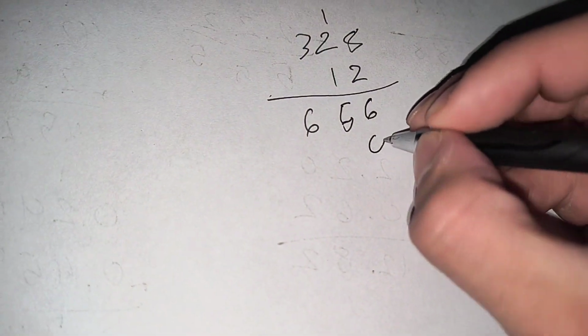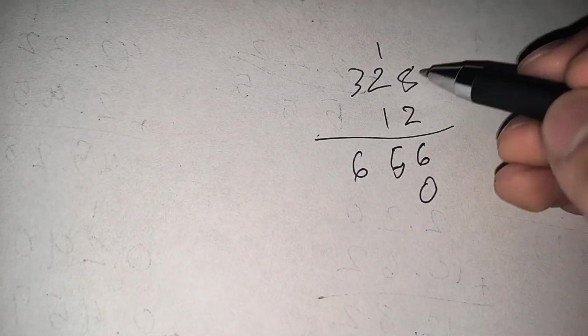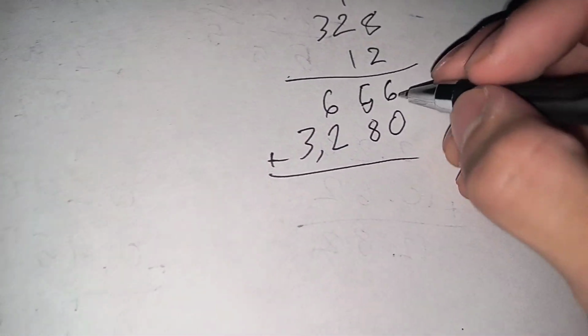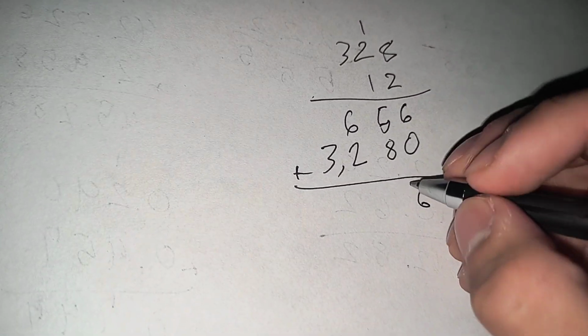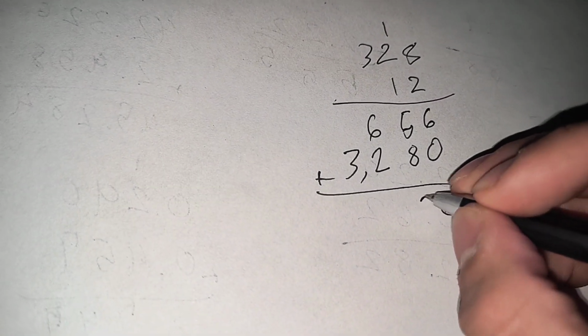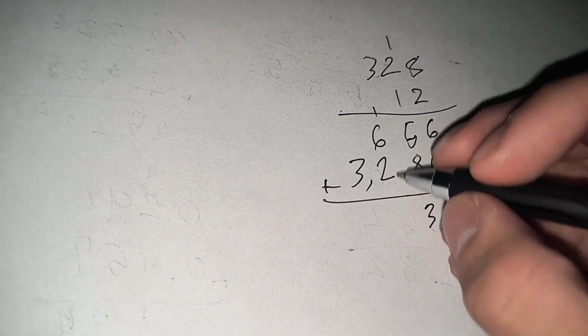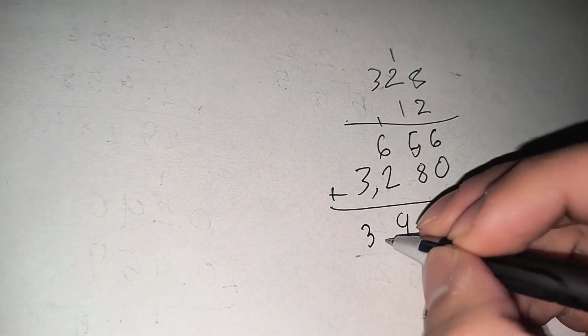And then I would put the 0 right here. Then do 1 times 8 is 8, 1 times 2 is 2, and then 1 times 3 is 3. Then you would add them up. 6 plus 0 is 6, 5 plus 8 is 13. 1 plus 6 is 7, 7 plus 2 is 9, and then 3 is just 3. Put the comma right there.